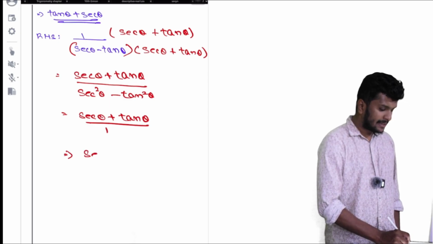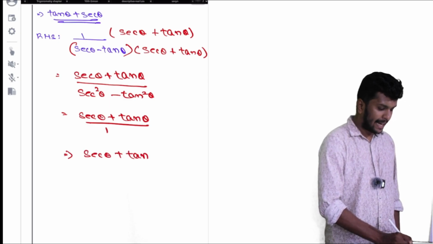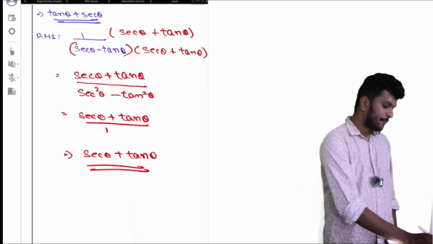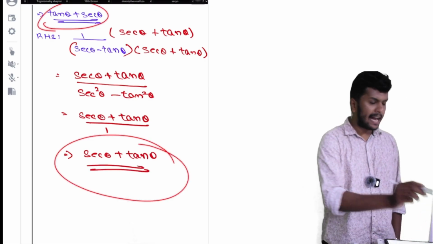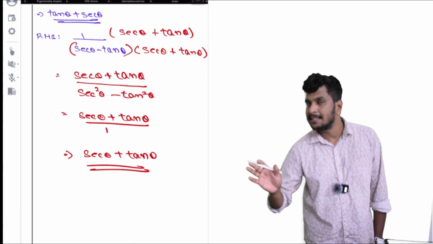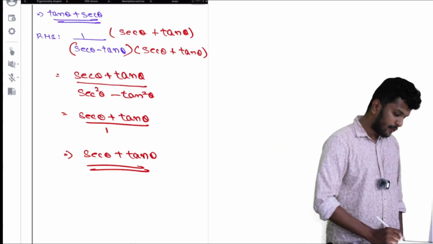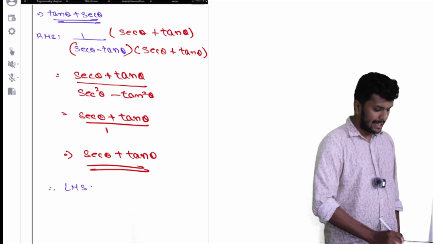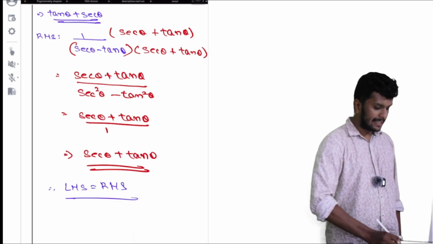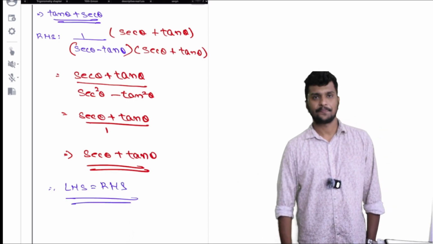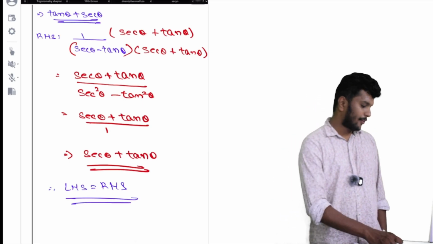So we can write sec theta plus tan theta. Now look here, the RHS and the LHS values are exactly the same, my friends. Therefore, LHS equals RHS. That's your answer. Is it very clear for all?